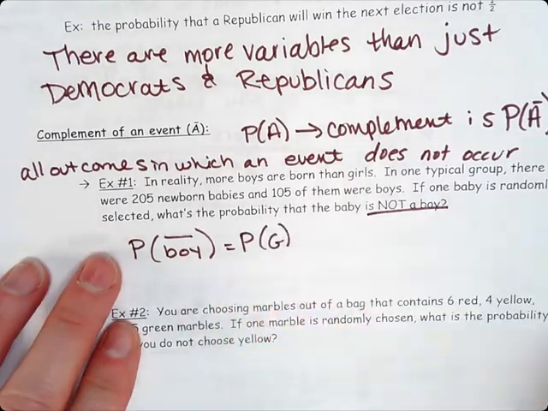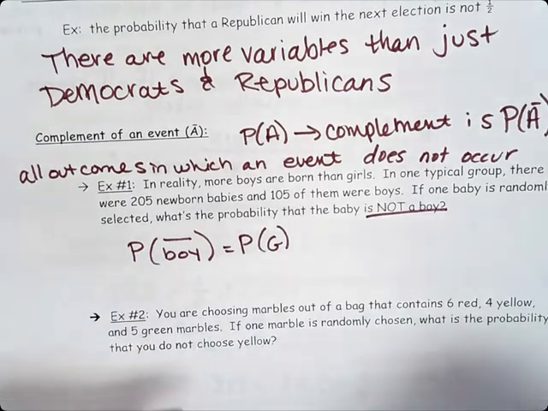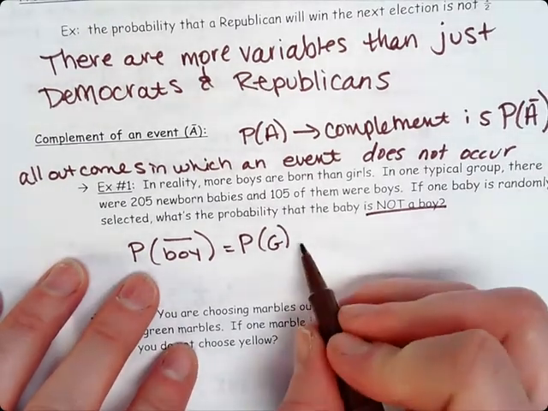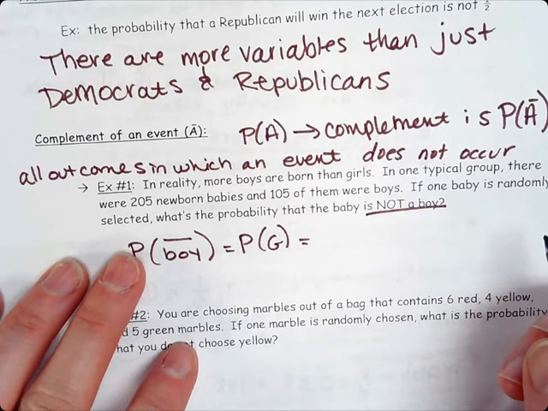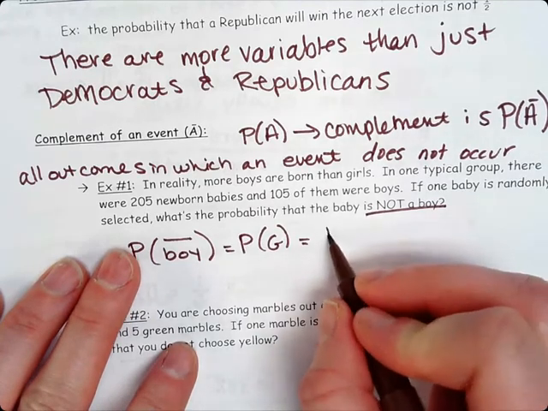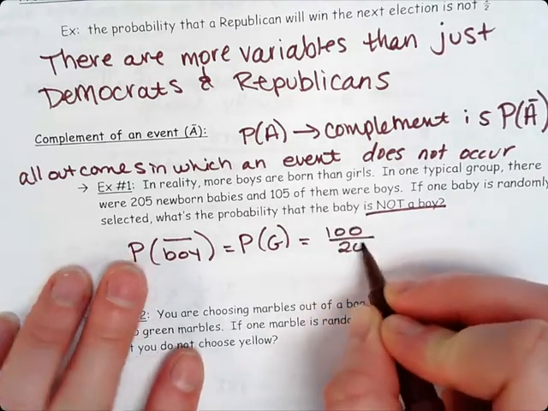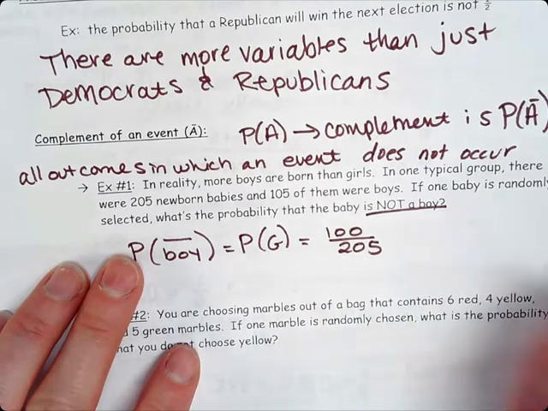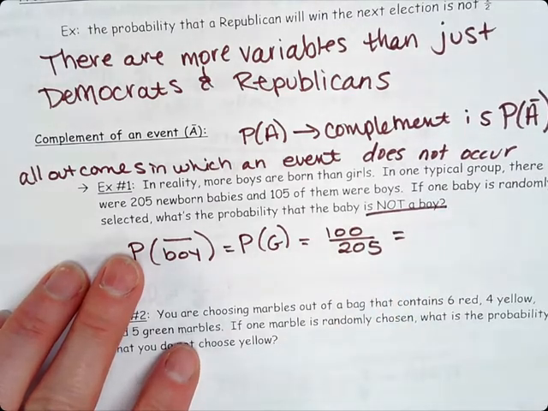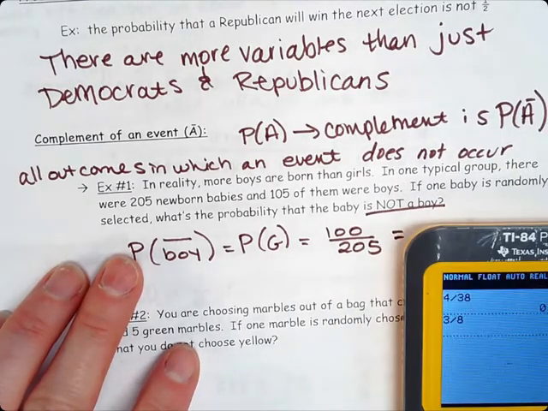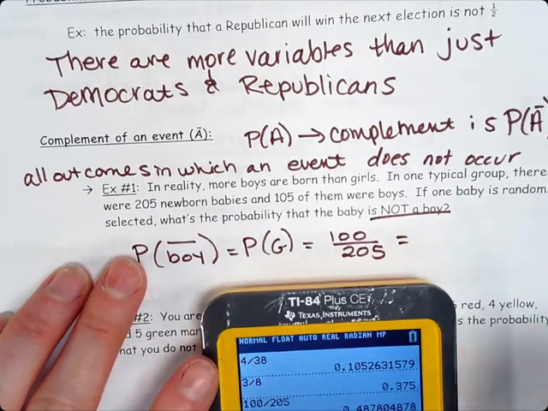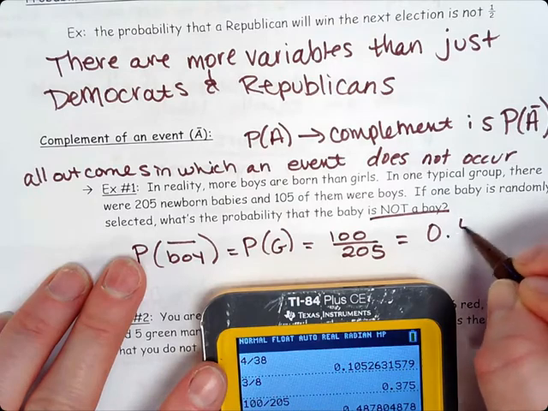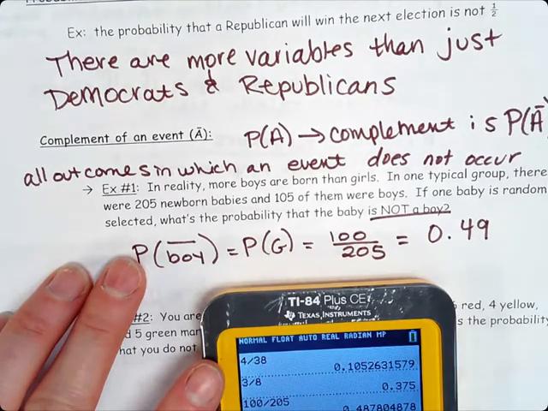Right? If it's not a boy, then it'd have to be a girl. So our probability would be 100 out of 205. So if we round that, 0.49.